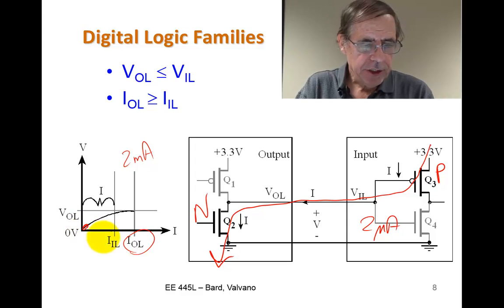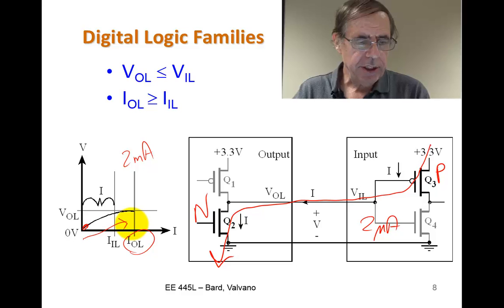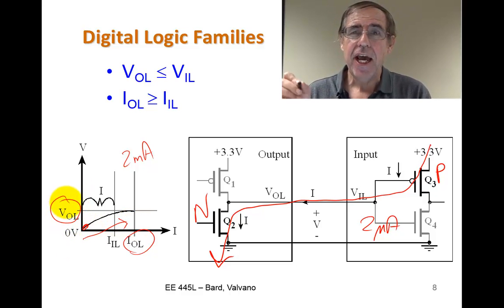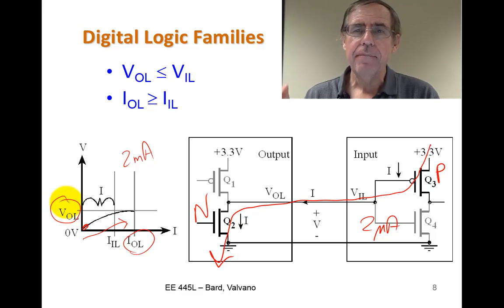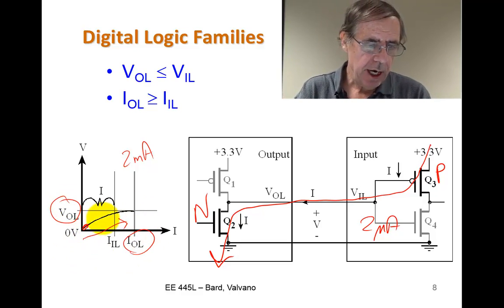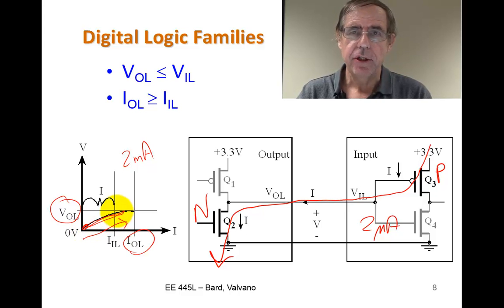Okay? And so as the current for your inputs increases, the voltage will increase. So VOL doesn't tell you the actual voltage at the output, but it gives you the maximum voltage that output could be given the maximum current. And so we're going to operate somewhere in this range for our devices.